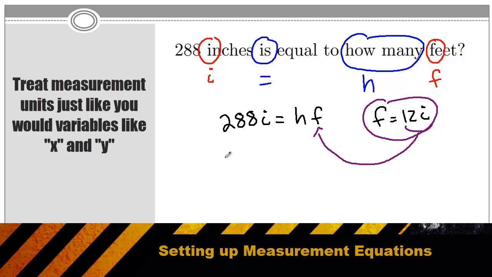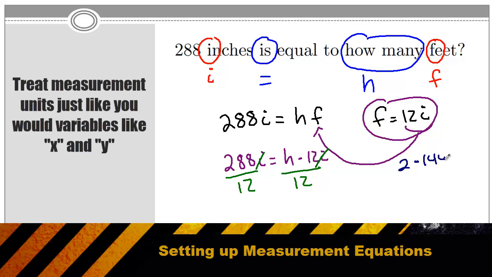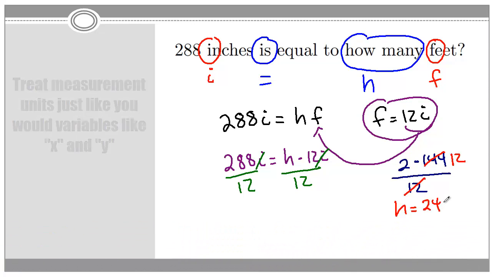So I can write the equation that 288i is equal to h times 12i. My i's cancel out, and I divide both sides by 12. To make your math easier, you could write 288 as 2 times 144, then divide that by 12. 12 goes into 144 12 times, and I'm left with h is equal to 2 times 12, or 24. Or there are 24 feet in 288 inches.